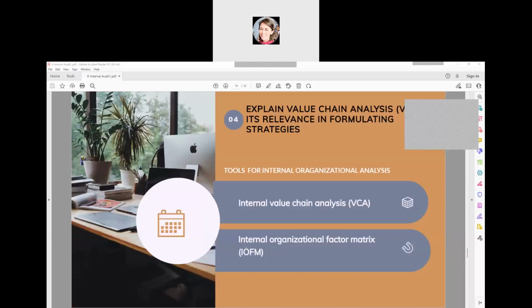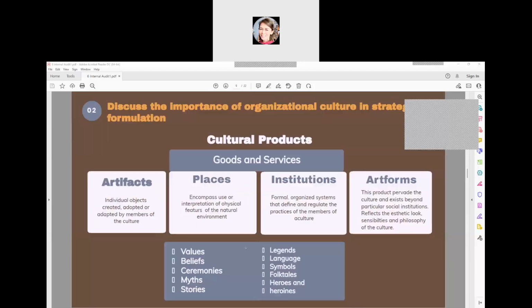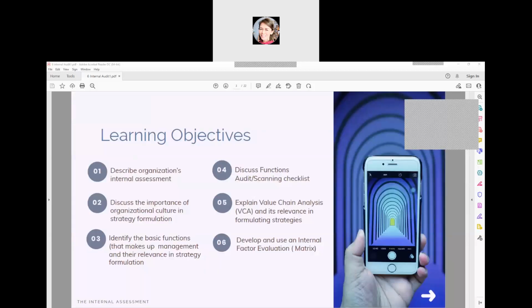Now let me go back to the earlier part, which is the objectives. To guide your reading of chapter 6, or any chapter, you always have to go back to the learning objectives. These are the 6 learning objectives of chapter 6.